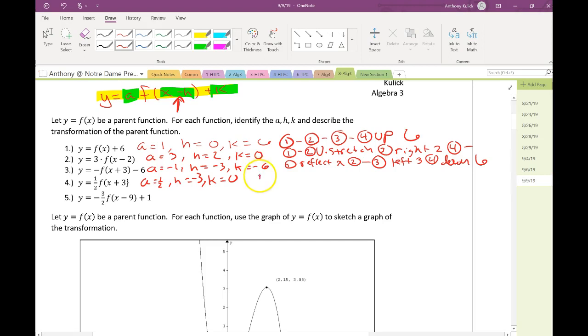All right. So, number 1, did that do anything? No, because the a is not negative. 2, does that do anything? Yes, because the absolute value of a is not 1. Since the absolute value of a is less than 1, it's going to be a vertical shrink.